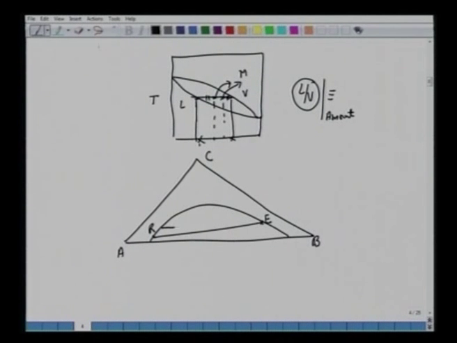Similarly, you have another tie line with a different slope. You have all raffinate, you have all extract, till you reach this plait point, at which the slope now changes. Now the extract phase composition is smaller than the raffinate phase.